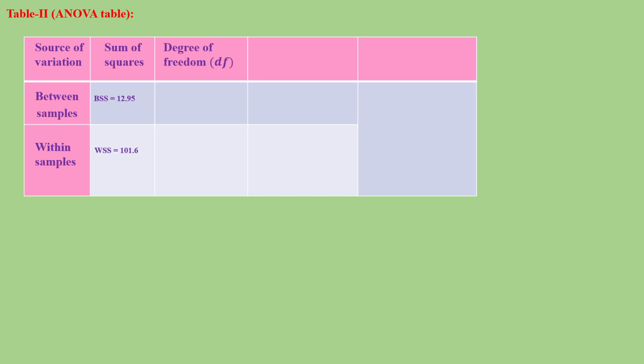Next, the ANOVA table. Source of variation: between sample and within sample. Sum of squares: BSS between the sample 12.95, within the sample 101.6. Next, degrees of freedom: V1 is r minus 1, that is 4 minus 1, equal to 3, and V2 is n minus r, that is 20 minus 4, equal to 16.